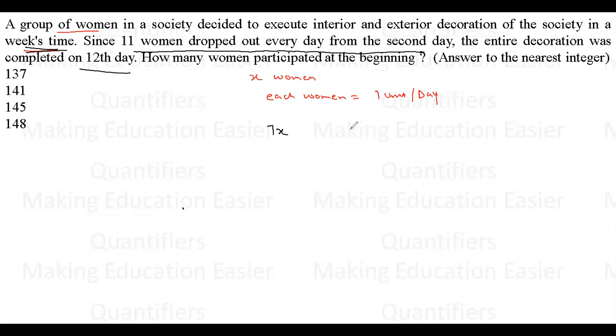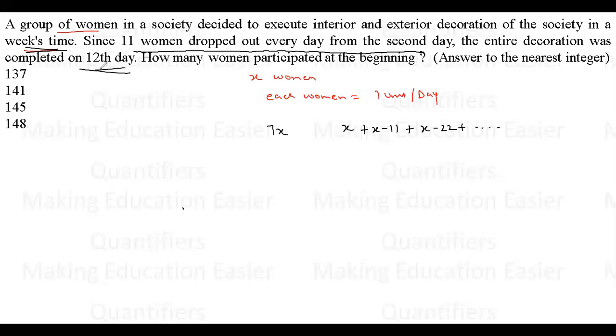So if we talk about the second case, on the first day x women will work, so x units will be done. On the second day x minus 11 women will be there, so x minus 11 units. Similarly, x minus 22 women will be there on the third day, and so on. Students, we have to take 12 terms, right?